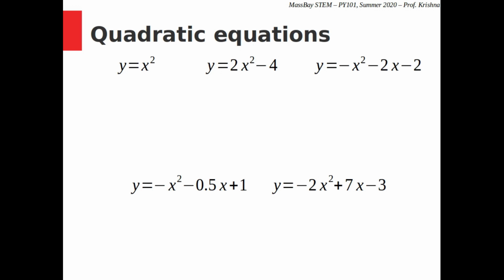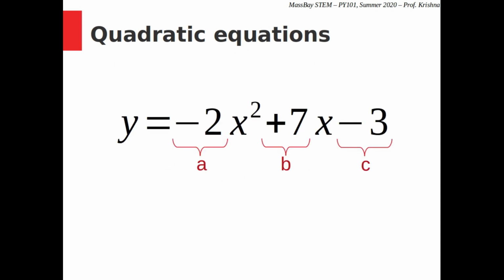There's another class of equations we will see, called quadratic equations. Unlike linear equations, where we didn't see an exponent, here one of the x terms is squared. It has an exponent of 2. All quadratic equations follow the same basic pattern. There is always an x squared, and it might be multiplied by a coefficient.